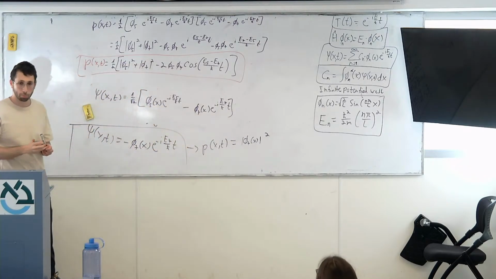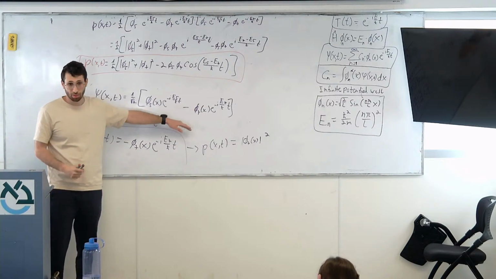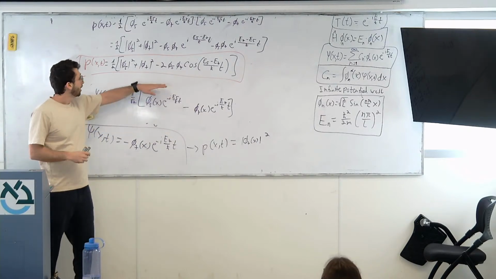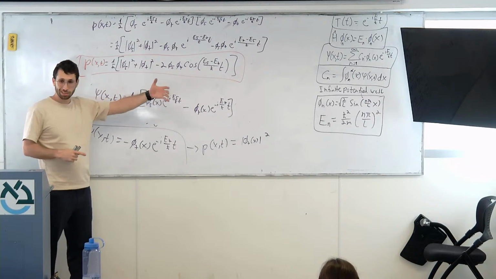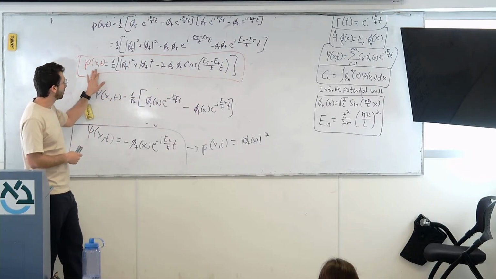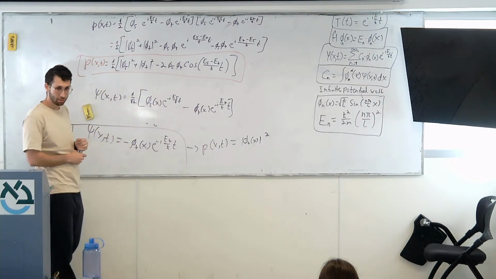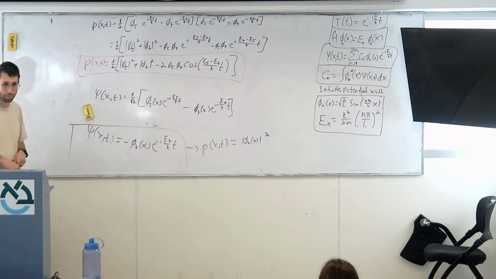So although we started from some combination of psi 5 and psi 7, which were very distinct, here we have some not so distinct combination. We get some probability to be psi 5, psi 7, and here it's something in between.